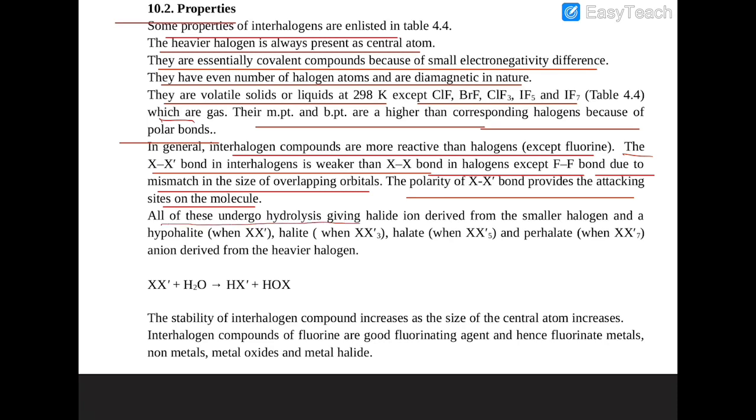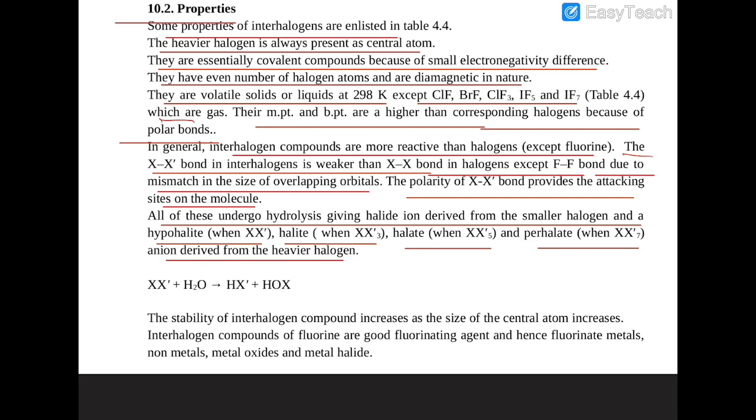All of these undergo hydrolysis giving halide ion derived from the smaller halogen atom, and hypohalide, halite, halate and perhalate from the heavier halogen. This is very important.